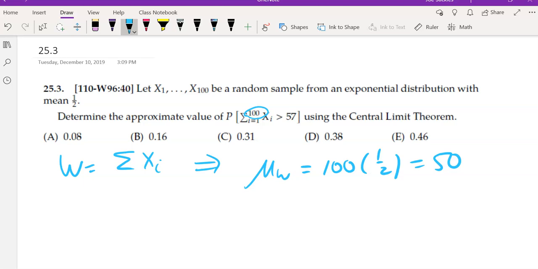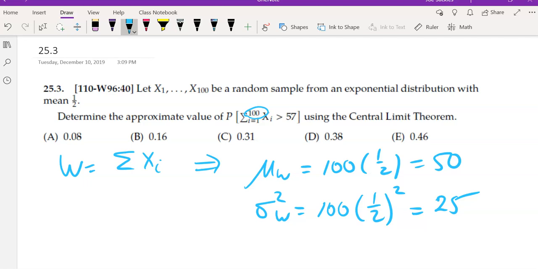All right, what about the variance? I don't know. 25. Why is it 25? Because the variance of the exponential distribution is theta squared.